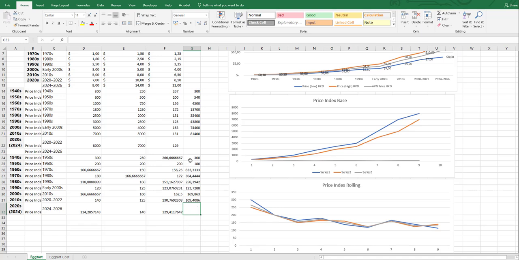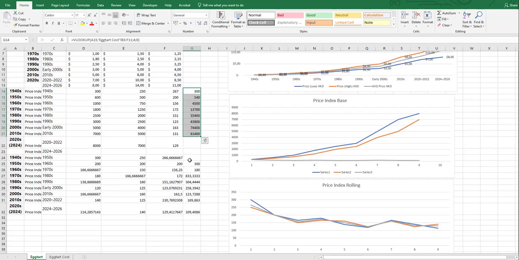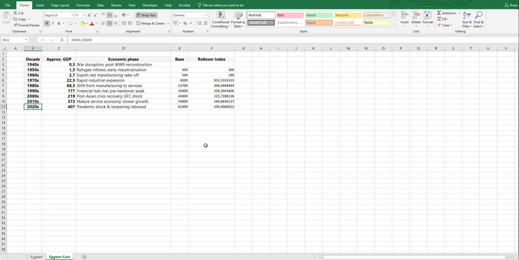So the increase comparable. So what we can see, shift it up, is that in the first 40s, the Eggtart price and the economy were very harmonized, but later the two separated.